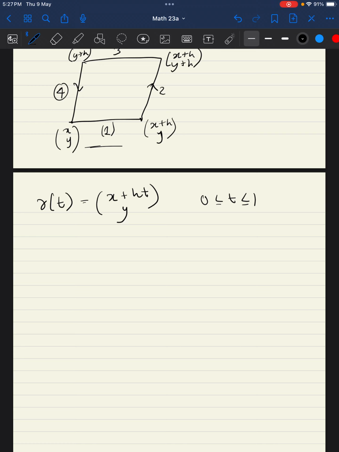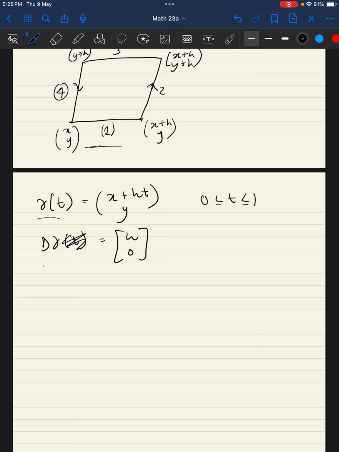Then the Jacobian, d gamma, is going to look like h, 0. Then we let the differential form act on this Jacobian.